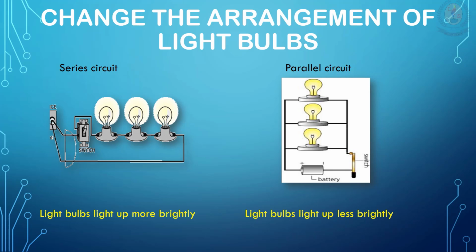But in a parallel circuit, the light bulbs light up less brightly. Both circuits use the same number of batteries and light bulbs and the same types of light bulbs. But the brightness of the light bulbs is different in both circuits.